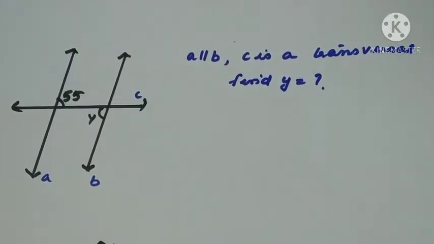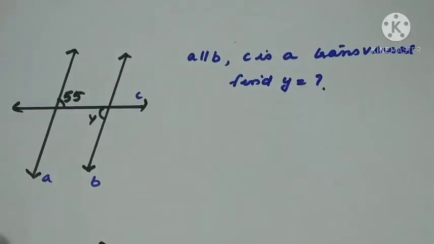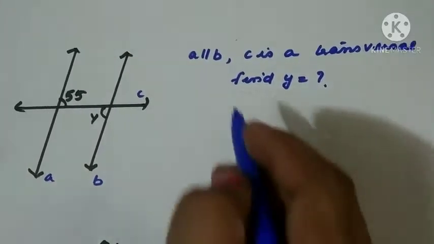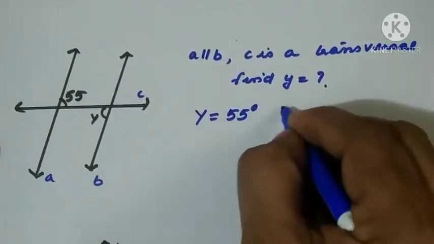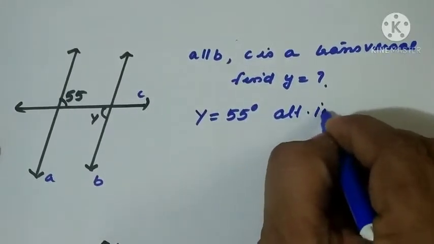Next question: A parallel to B, C is the transversal, find Y. So what is the value of Y? Again, C is the transversal here, A and B are the parallel lines. Again the same property, alternate interior angles are equal. So we can write Y equal to 55 degrees, alternate interior angles are equal.